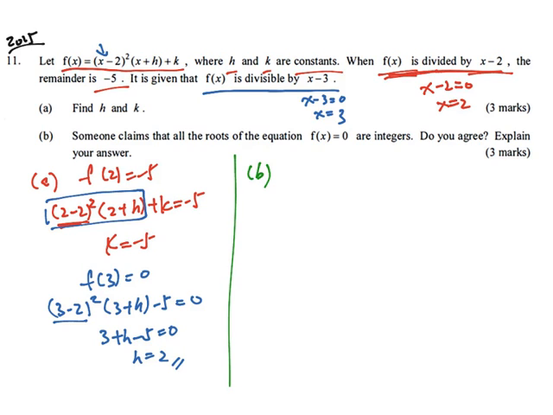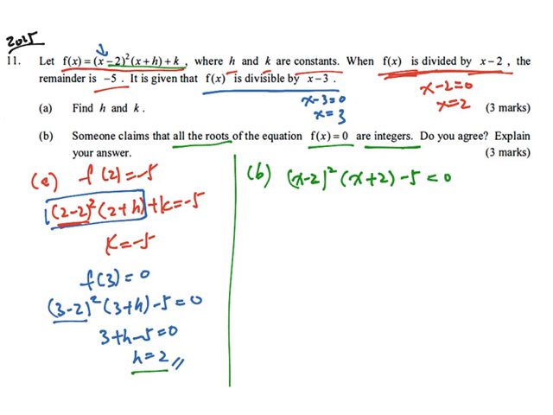Next is part B. Someone claims that all roots are integers for the equation f(x) equals 0. Do you agree? We know h and k already, so we can expand all the terms in the polynomial. That means (x minus 2) squared times (x plus 2), because h is 2, and for k is -5, equals 0.